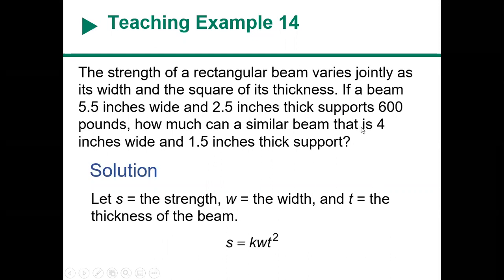Okay, so we're going to set it up. So that leaves us with S equals K times W times T squared. And that comes from the first sentence. The strength of a rectangular beam varies jointly as its width and square of its thickness. Okay, because we're varying jointly, that means that there is a variable K, our constant, that we have to find.